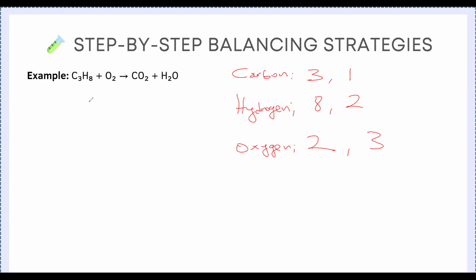So let's start with carbon. On the left-hand side, we have 3, and on the right-hand side, we have 1. It means that the smaller between the two of them is 1, and I need to multiply 1 by something that will make it equal to 3. What can I multiply 1 by that will make it equal to 3? It is definitely the number 3. So that means I will introduce a coefficient of 3 on the right-hand side.